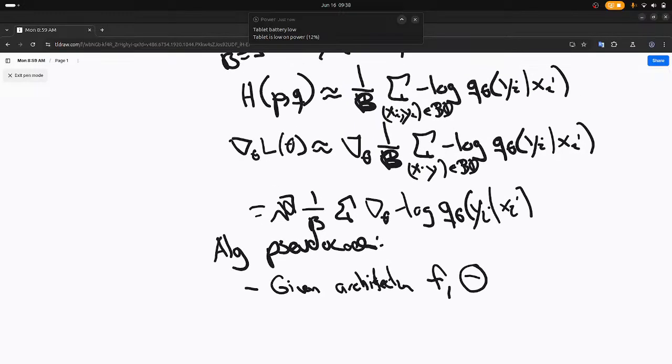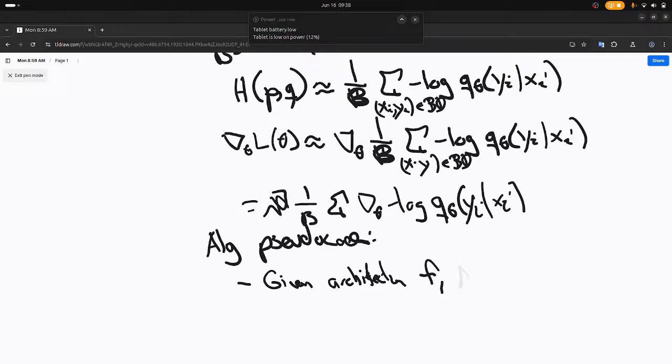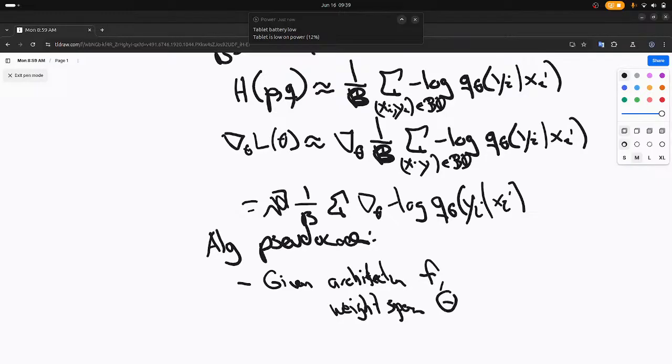Architecture, weight space omega, initial weight distribution p of theta.